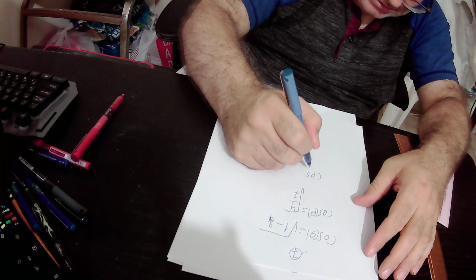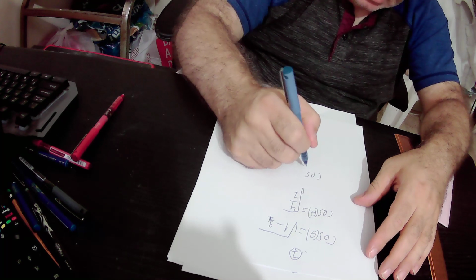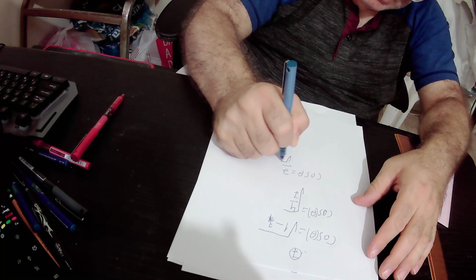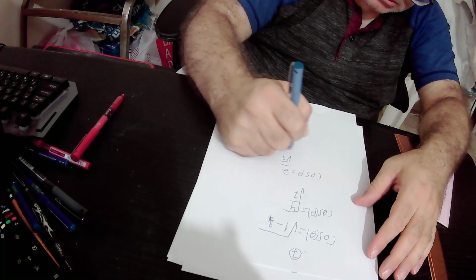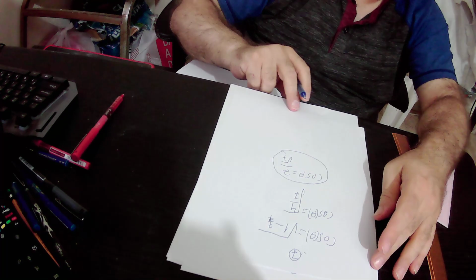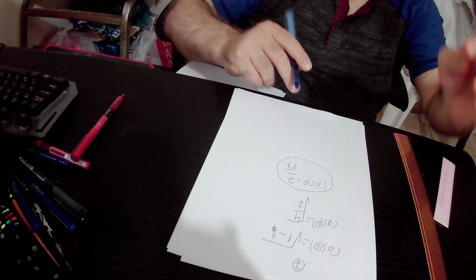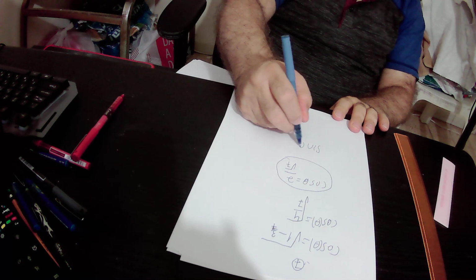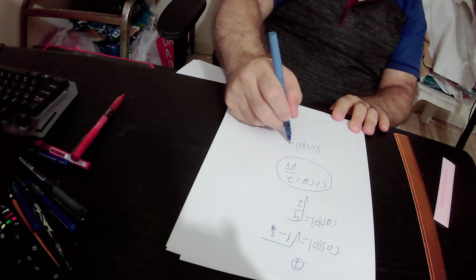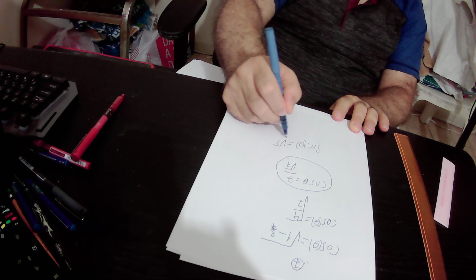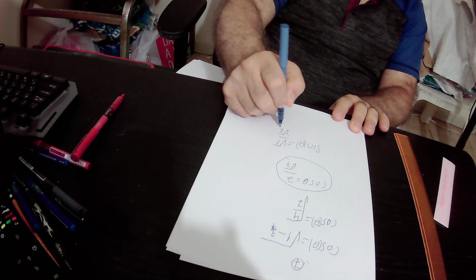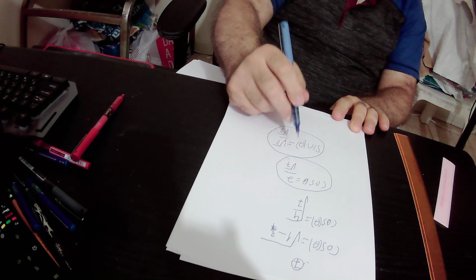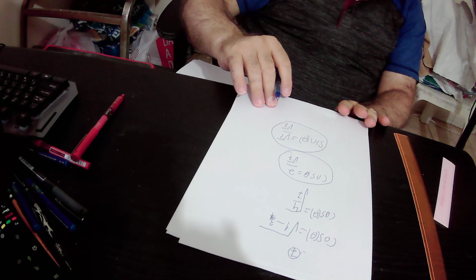Cosinus theta equals 2 over root 7. And we have already found that the value of sinus theta is root 3 over root 7. So we found out the values of cosinus theta and sinus theta.